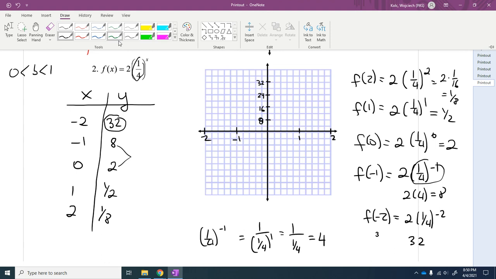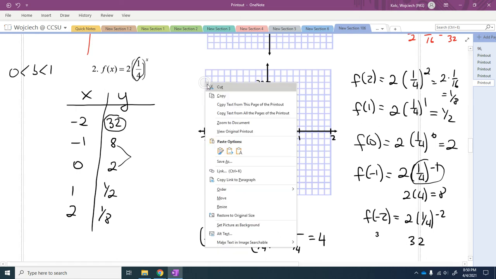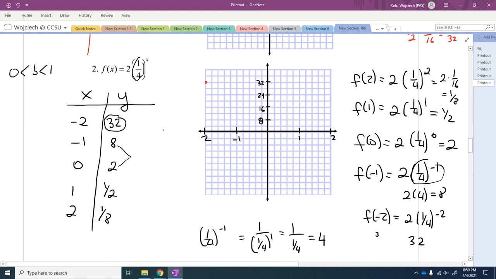Now let's plot the points. So let's use maybe red. -2, 32. So you go 2 left, 32 up. -1, 8. 0, 2.